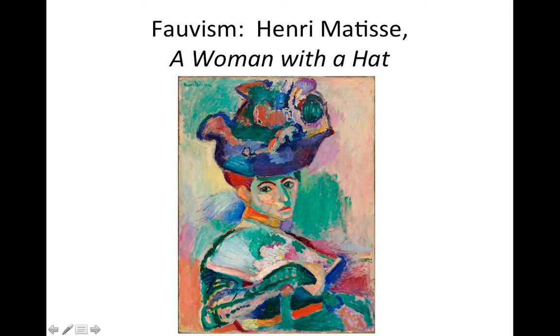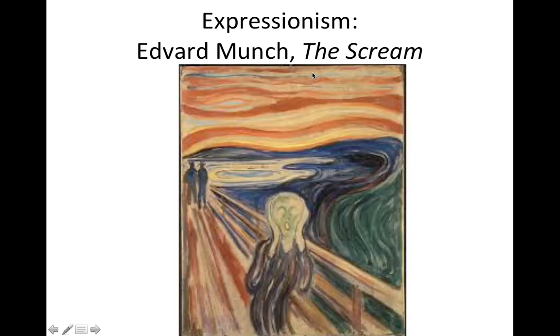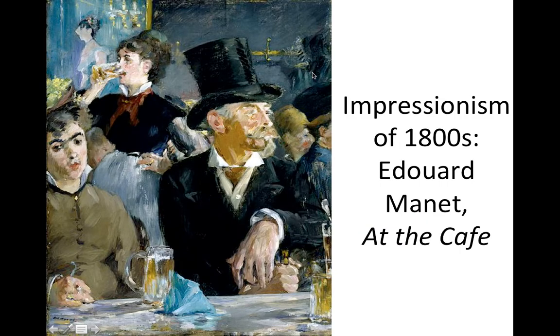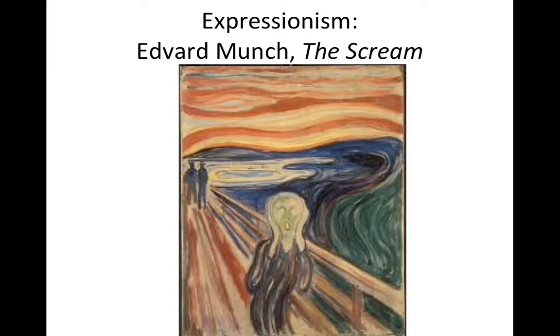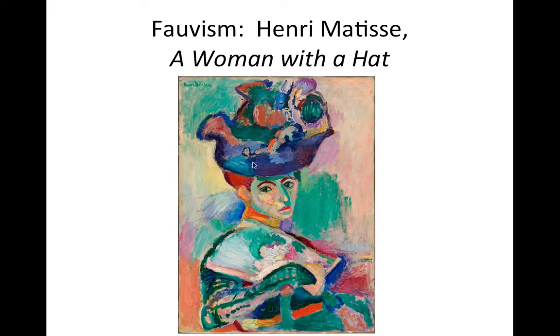An example of Expressionism is this Fauvism. This is a Matisse piece, A Woman with a Hat. Now, Matisse is a bit of Impressionism, Expressionism, but with bright, extreme colors. Fauvism was very, very brief.